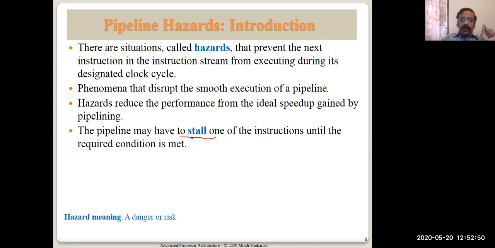So the pipeline may have to stall one of the instructions which is coming next. Now, stall means to stop or cause to stop making progress. Remember, stop making progress. We are not stopping it permanently. We are not saying that the instruction cannot be executed at all.